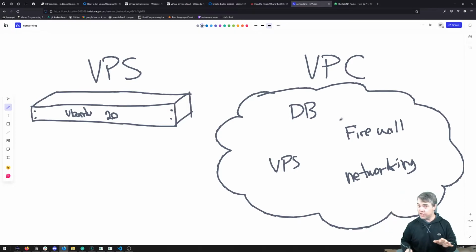Now, there's other services as well. For example, we can go to Heroku, and Heroku allows us to just put a server onto the cloud, which might make it sound like it is a VPC, except we can't really spin up a VPS from it. We can't spin up our own database, but they provide them for us. So it's kind of like a VPC, but it's really more of a platform as a service, where it's a managed VPC.